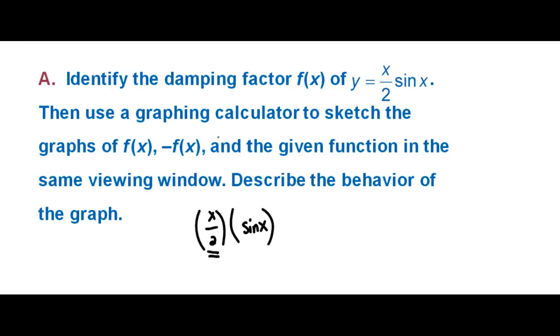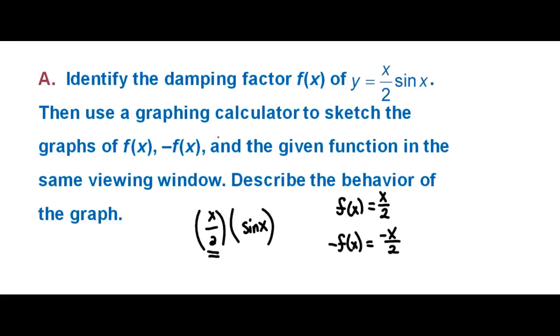And we're going to look at what the graph looks like in a second here. But my damping factor, f of x, is going to be x over 2. And we're also going to graph negative f of x, which is negative x over 2. And remember, both of these are just linear functions with slopes of 1/2 and negative 1/2 respectively, and they're going to have y-intercepts of 0.